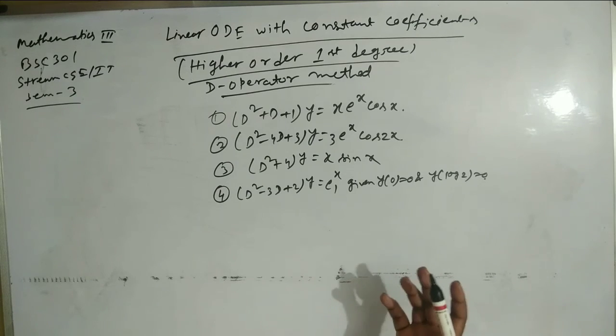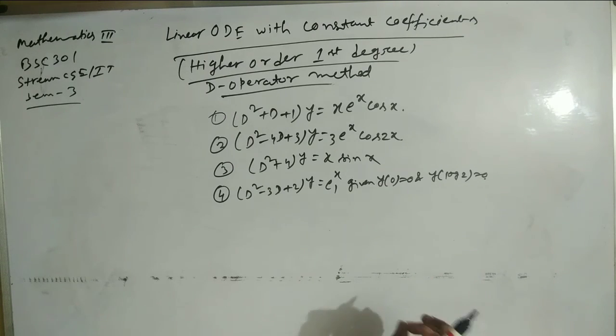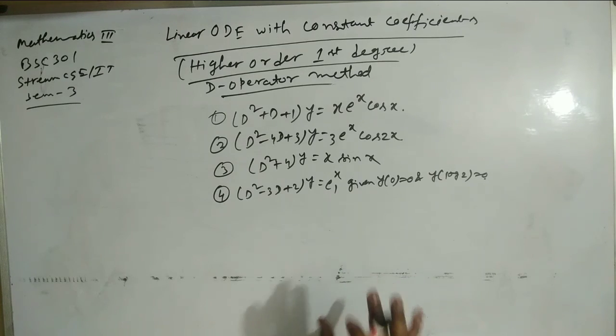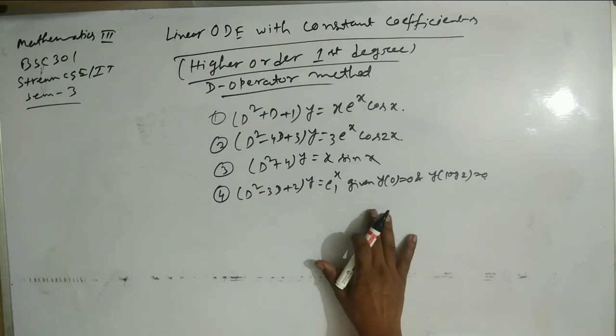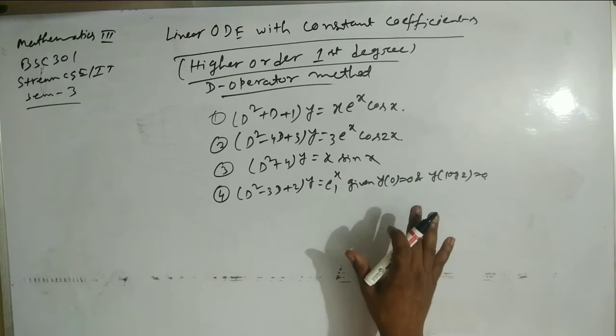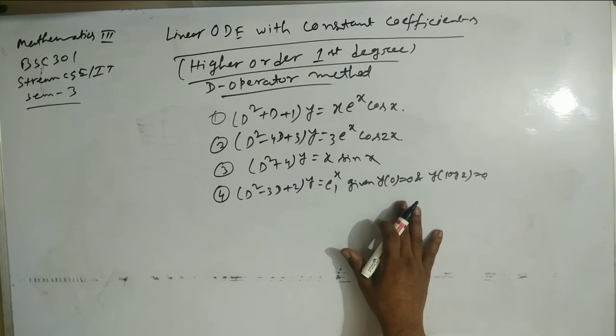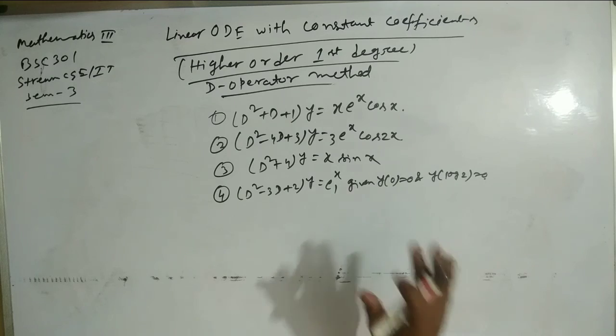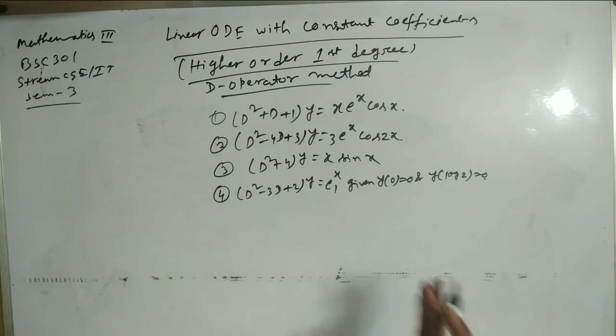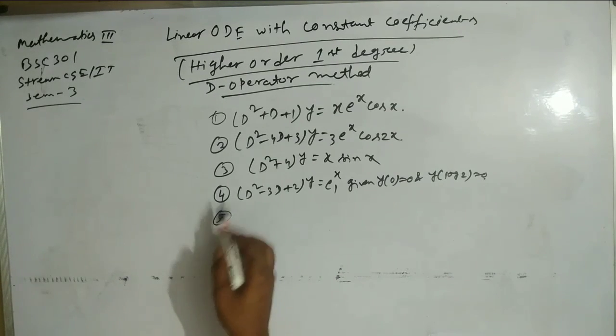We know that in complementary function always two arbitrary constants come, that are C1 and C2. So after finding the general solution, if you apply these conditions on the general solution, you will get the values of C1 and C2. Okay, so do these sums.